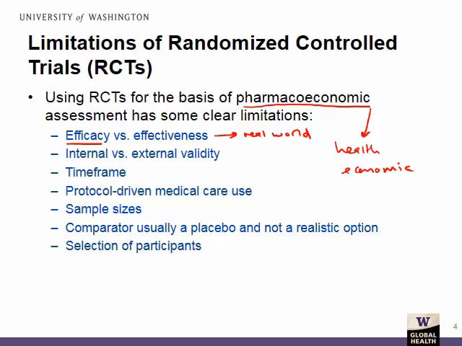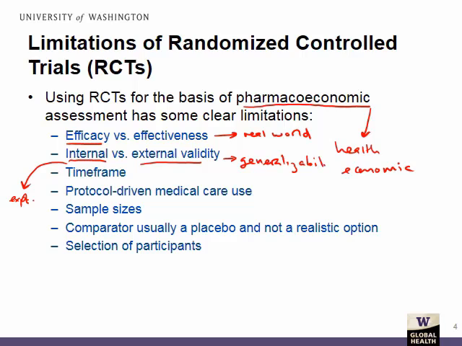And if you have a policy application, you usually want the real world effectiveness. And this also gets at the issue of internal validity, which means the validity within the experiment. So it's to do with minimizing bias and confounding. But external validity is also called generalizability.